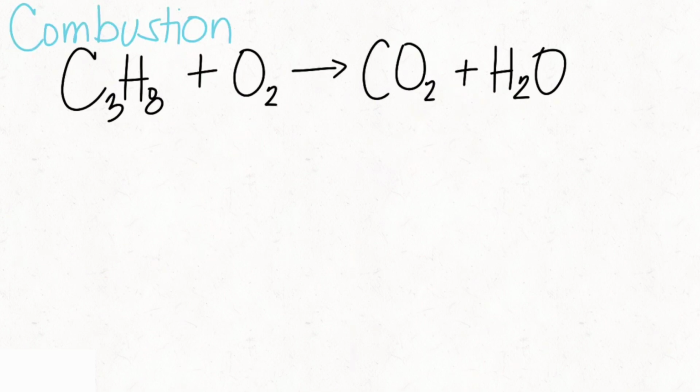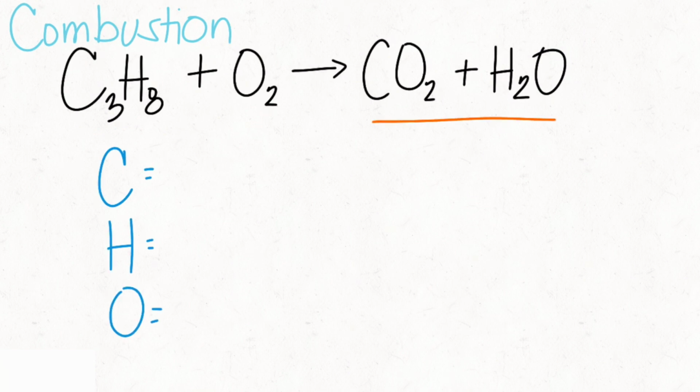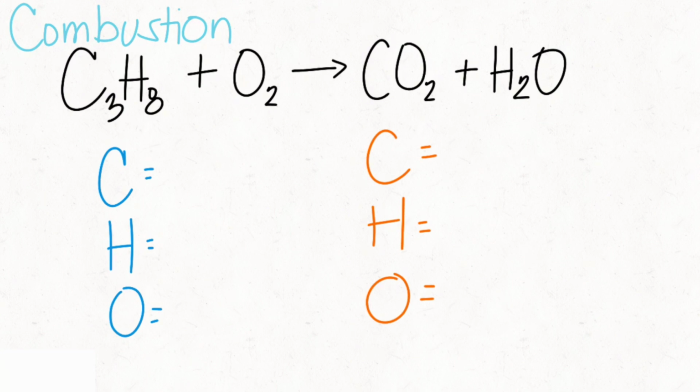It's combustion. Now let's try to balance this by identifying first the elements on the reactant side and the product side. We have C, H, and O for the reactant, and for the product we also have C, H, and O. Now we need to count each element for both sides. Carbon for the reactant, we have 3, then we have 8 hydrogen, and 2 oxygen.